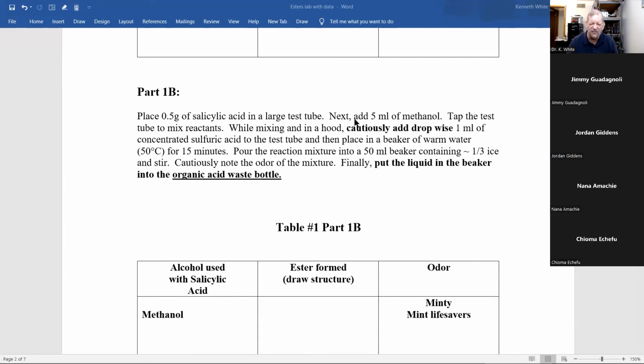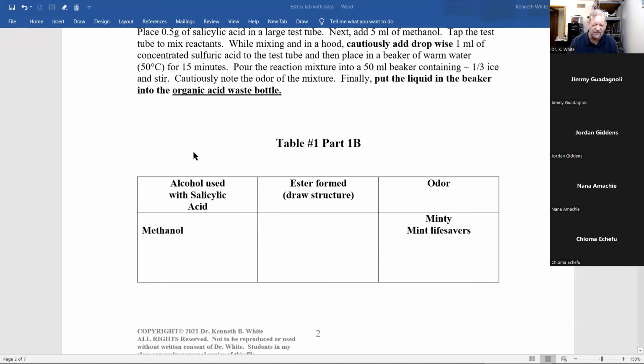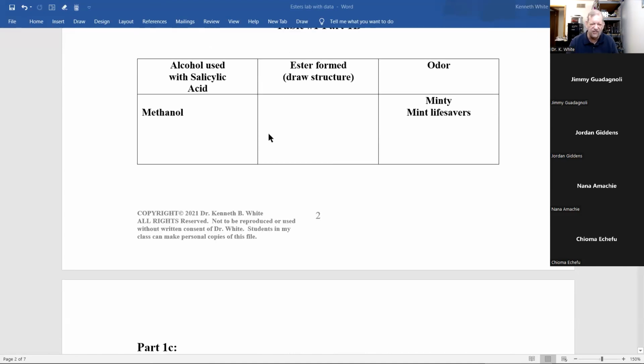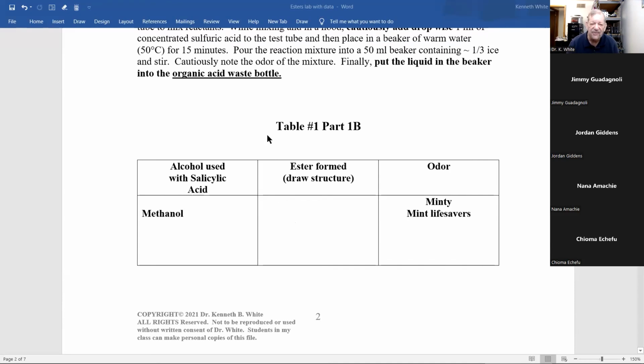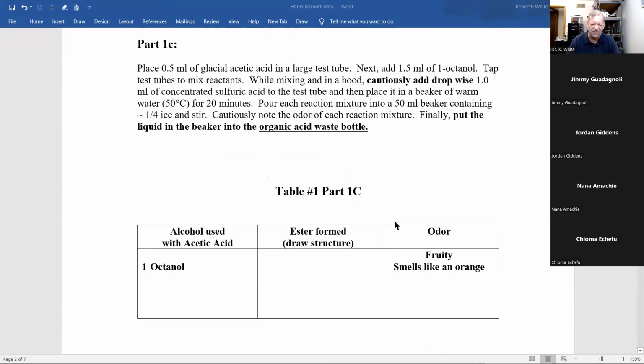We react it with methanol, that's my alcohol, and add the acid and make an ester. And I ask you to draw that ester. When you smell it, that methyl salicylate smells like mint, or more importantly, like mint Lifesavers. And students say, wow, this is amazing. And that's why I'm sad you're missing out on this.